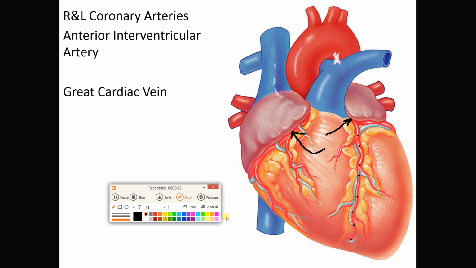Next to him is a little blue guy, which I'm putting some dots on. Let's make him green. That guy right there is the great cardiac vein. So he's going to help drain that anterior heart. So we have some of the heart's own blood supply that we're seeing here.